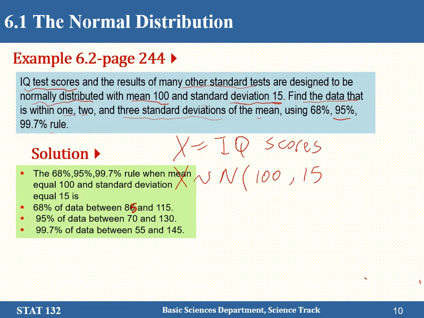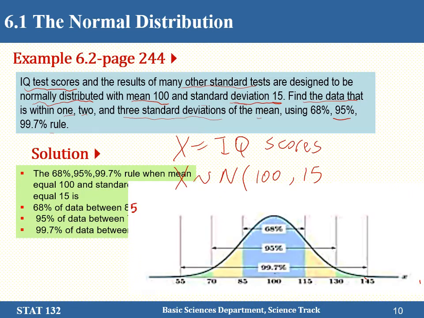These are mu minus sigma and mu plus sigma, and mu. And then here is the corresponding normal curve, normal distribution. So 100 is the mean here.